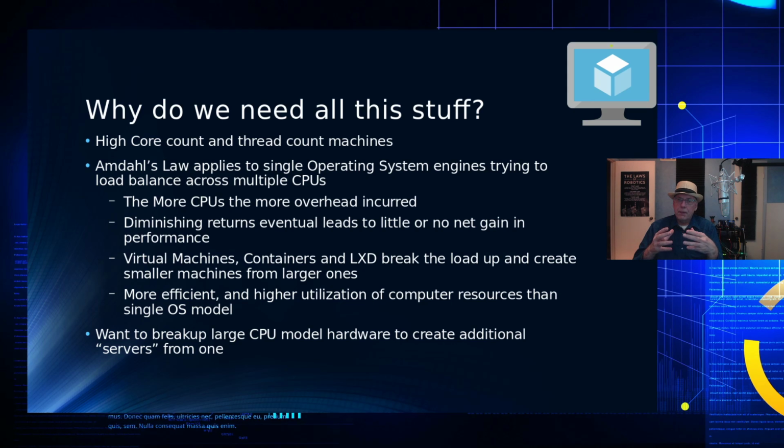And so if I'm going to be doing this on systems like we have for our desktops today, the more CPUs I start stuffing into these machines, the more overhead that's going to be incurred for the host OS and for the CPUs themselves, because there's more management that has to go on. So the result is diminishing returns, and eventually you get a net gain of nothing. You can add all the CPUs you want, and you won't increase the performance of your machine.